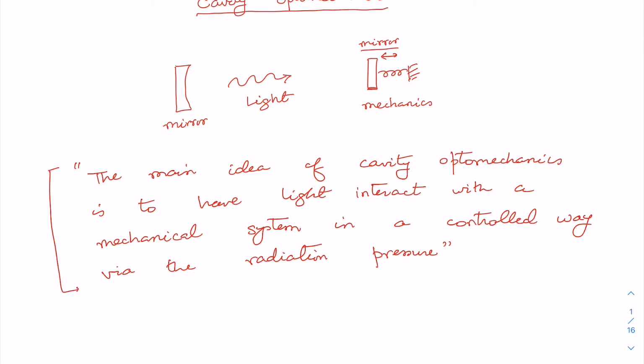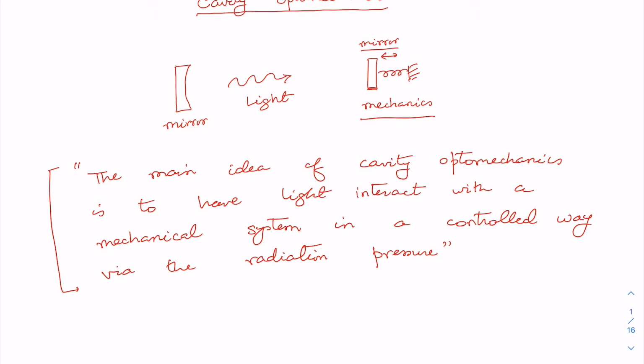This way one can manipulate light, actually both the state of light and the state of the mechanical system. And since these mechanical systems come in all shapes and sizes, cavity optomechanics gives us a new way to manipulate light and matter on the nano, micro, or even macro scale.